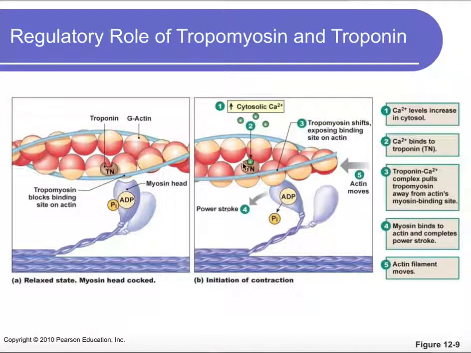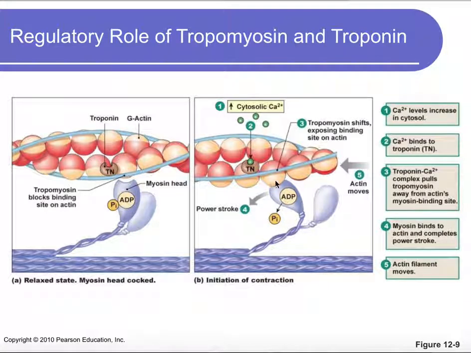Calcium is going to bind to this little guy, troponin. And when calcium binds troponin, it causes troponin to undergo a conformational change. Basically, it changes shape. And when it changes shape, because it is physically connected to tropomyosin, it also moves tropomyosin out of the way.